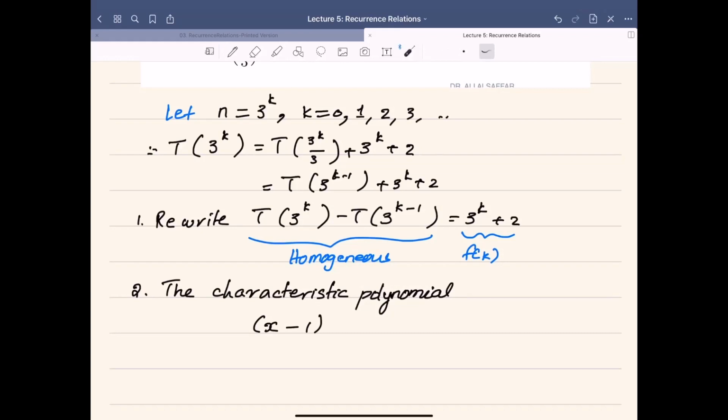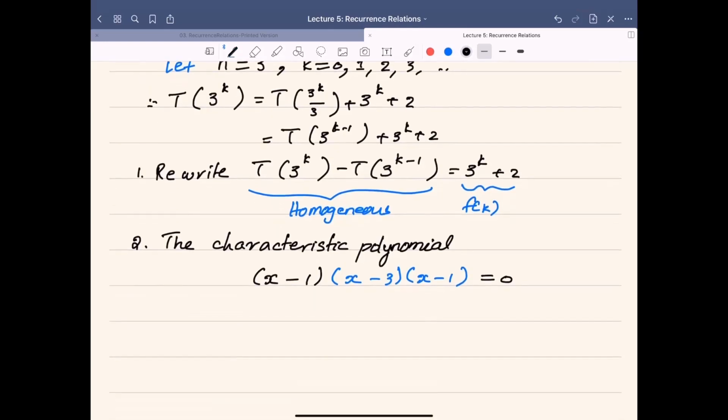Why minus 1? Because there is no number in front of t 3 raised to power k minus 1. And for the function on the right hand side, I will use different color. Since we have exponential, so for the exponential we will have x minus 3 plus constant. For the constant is x minus 1, and this is equal to 0.